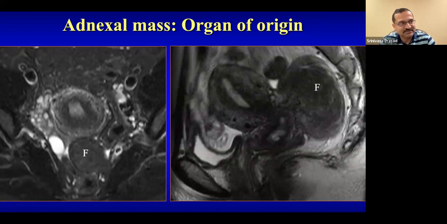So one of the other ways of identifying the organ of origin is to trace the ovarian vessels. So if the mass leads to the ovarian vessels, it's likely ovarian in origin.